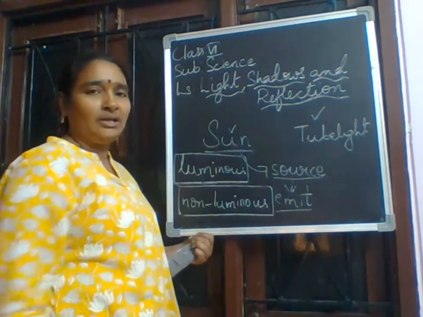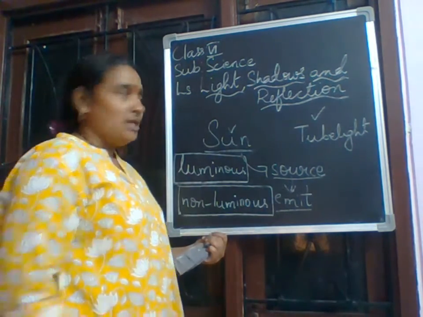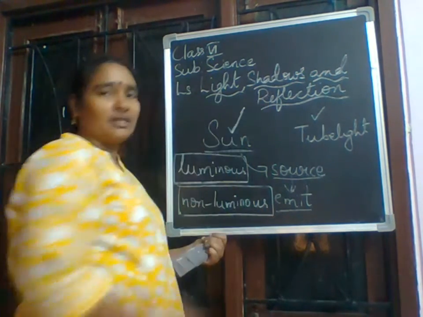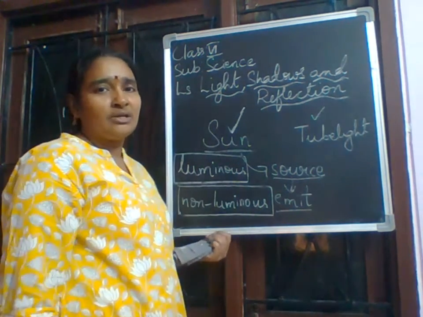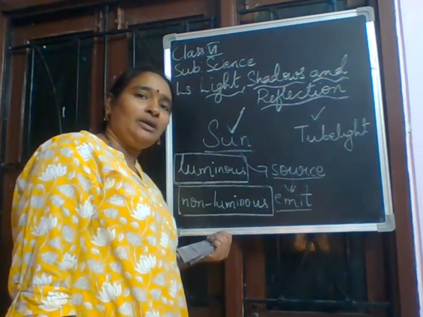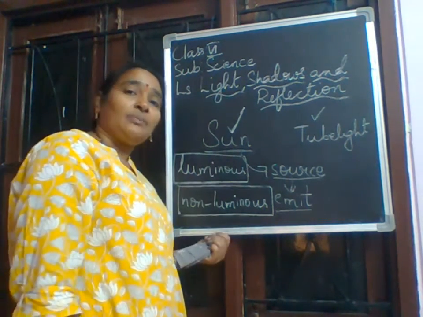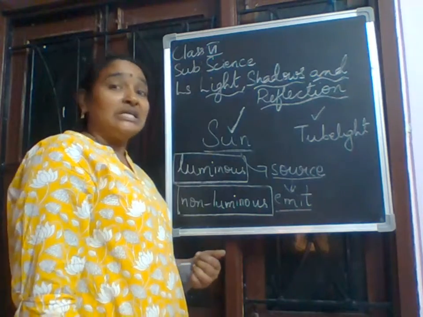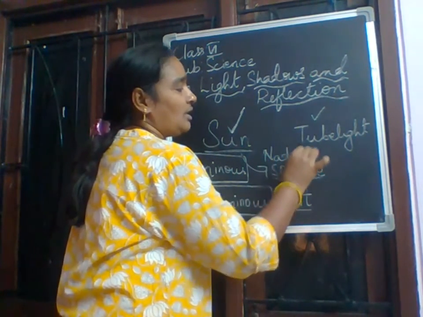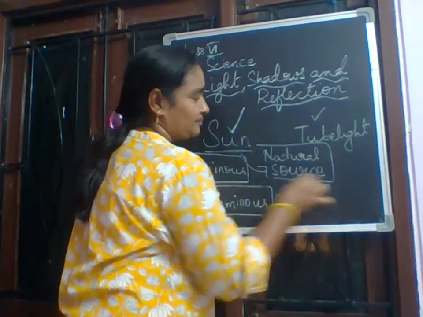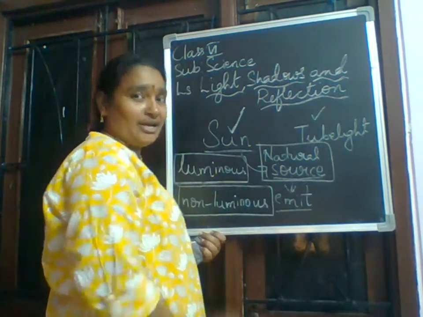Now we will go back to the sources of light. First I have taken the sun. Was the sun made by humans? No. The sun is made by God, by nature itself. So the objects made by nature itself are called natural sources of light. The sun is a natural source of light.